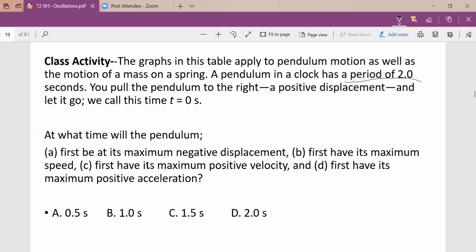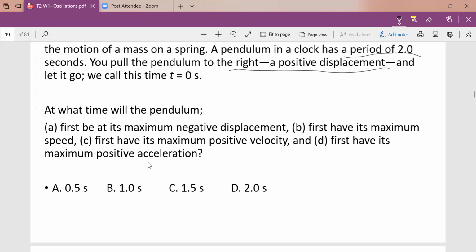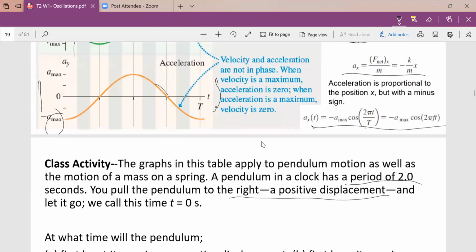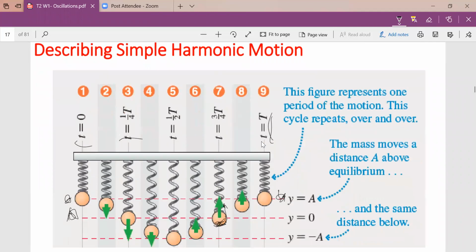So when it was coming down, because you pulled to the positive displacement, which is to your right, when it was coming back, the first time it will hit the maximum displacement, when will it be? We have the period already. And from our chart, look at it.